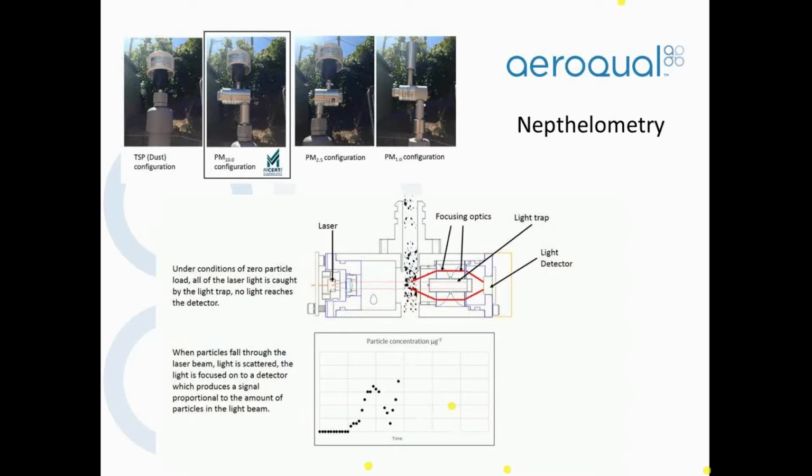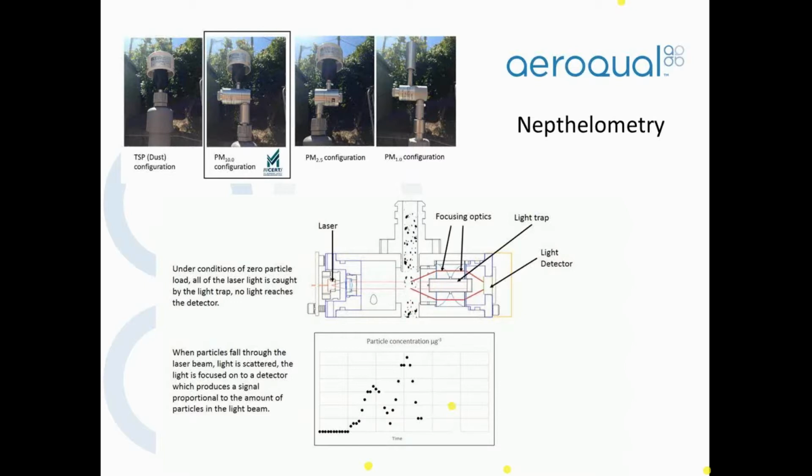Those particles which are small enough, or which qualify as PM10 or 2.5, are sent down to the optical chamber. Note that when we measure dust, because dust is everything, we don't have the size selection cyclone. So when we are operating an instrument based on nephelometry, we simply have a TSP head, that's the white head. But if we're interested in measuring PM, then we would need to put a size selection filter.